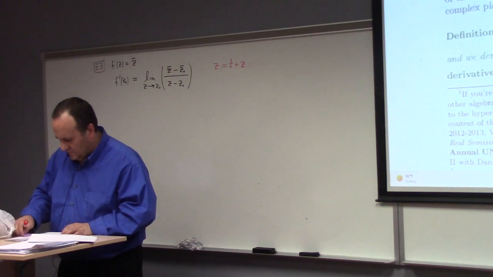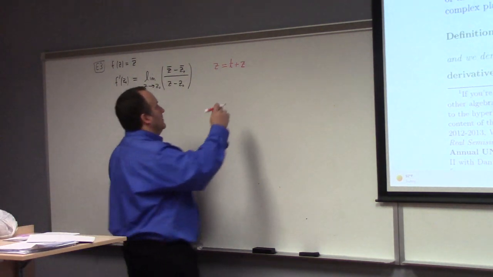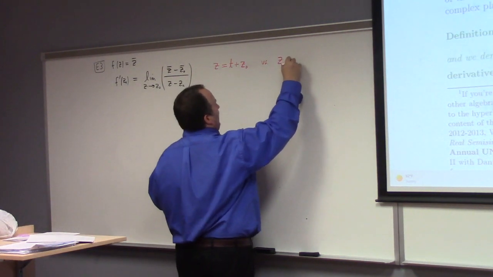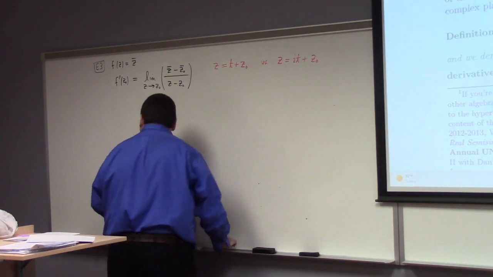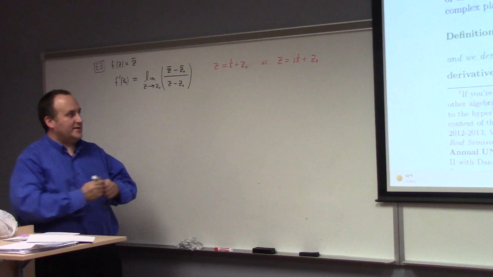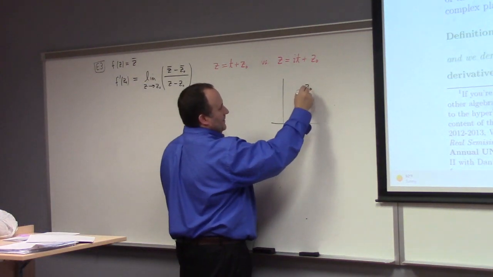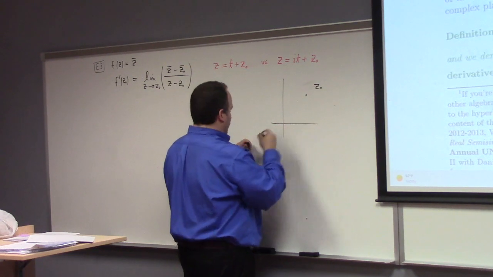Oh, I've used a in the notes. It's fine. So z naught plus t versus z equals it plus z naught, right? So to graph what I'm talking about, these path limits are what? If this is z naught, right over here, the stupidest possible place to write the z naught.